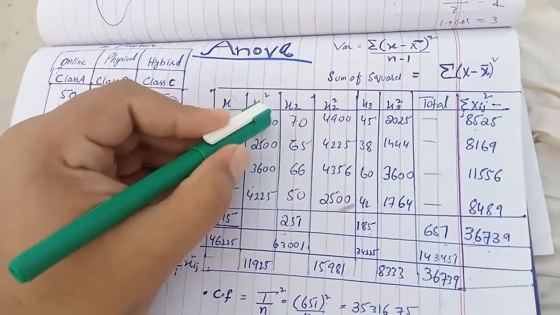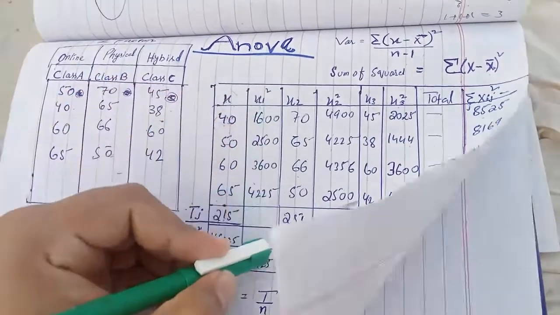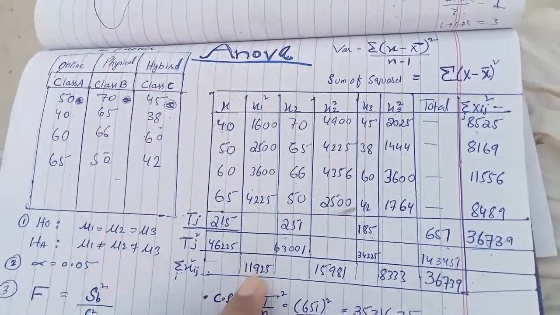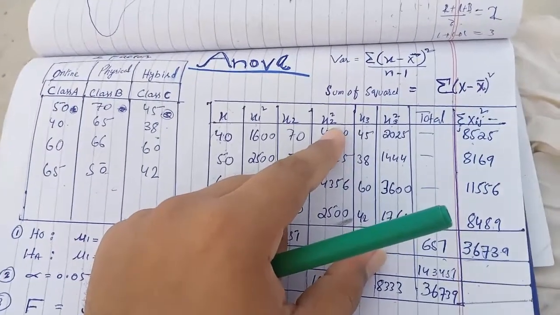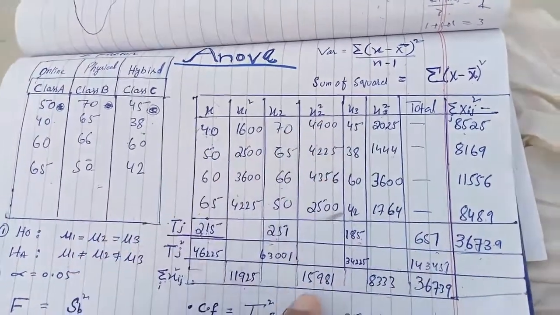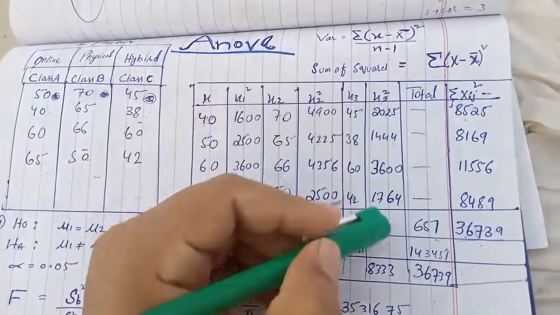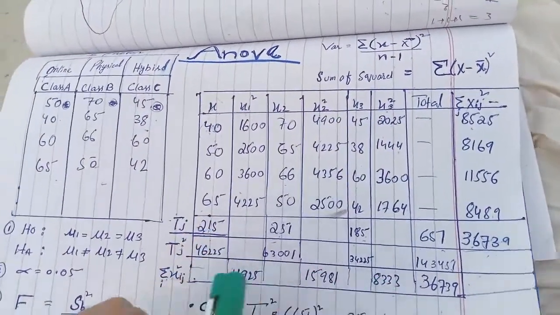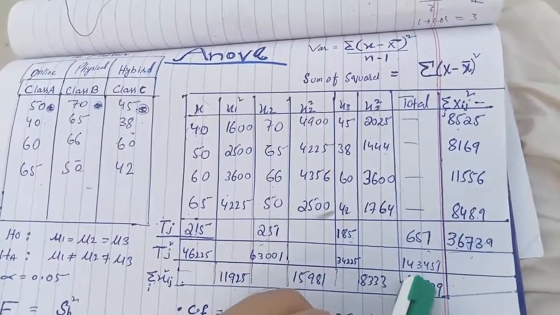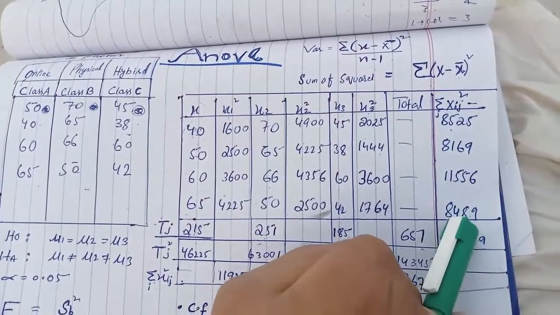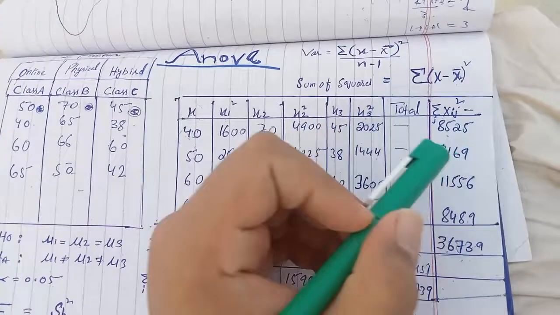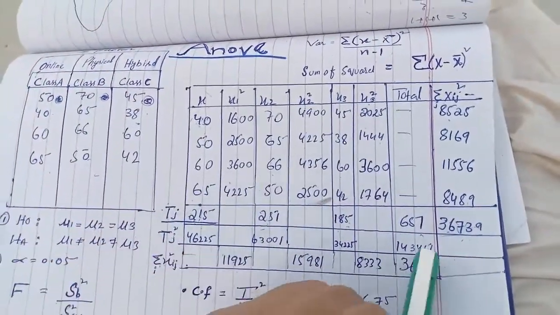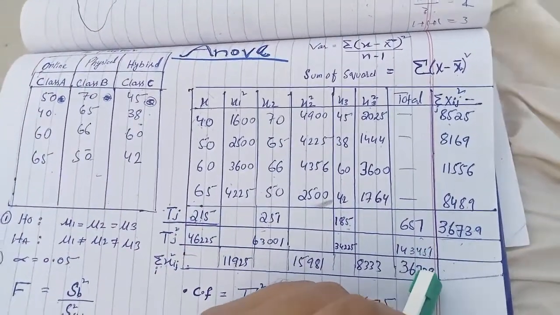If we do the summation of this x1 square by column, we'll get this. If we do the summation of this x2 square by column, we will get this. Similarly for the x3, we will get this, and then if we do the summation, we will get a similar value to what we got here when we did the summation by row values. This is the table we have got.